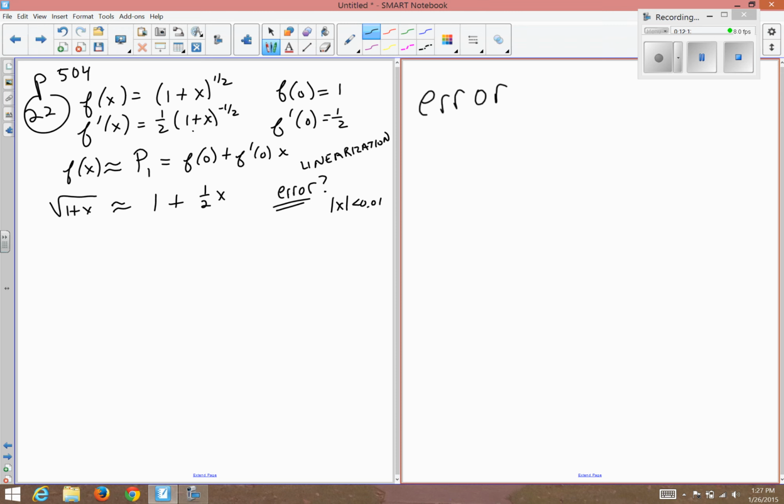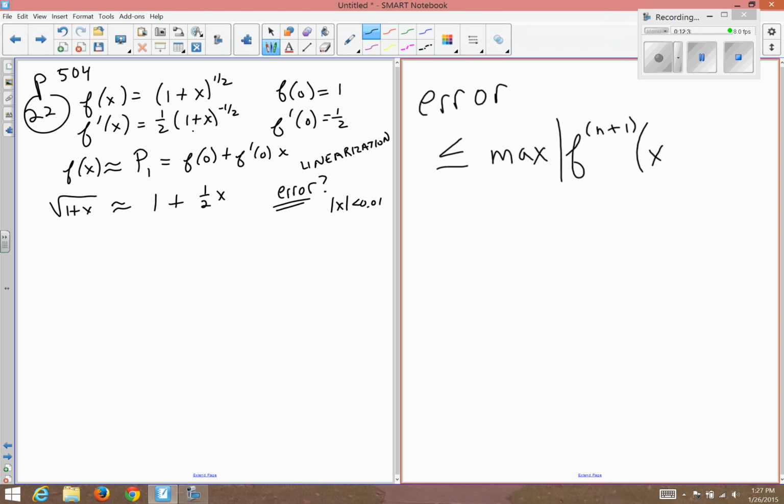When a Taylor polynomial is used to approximate a function, the error will be less than or equal to max absolute value of the n plus first derivative evaluated at x.